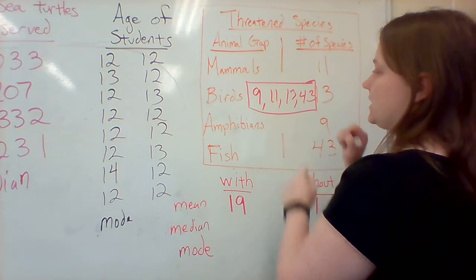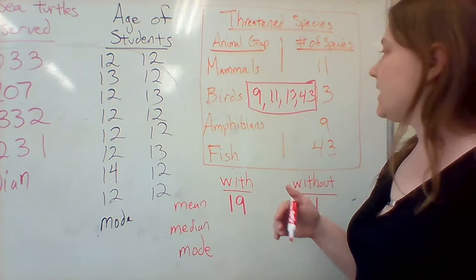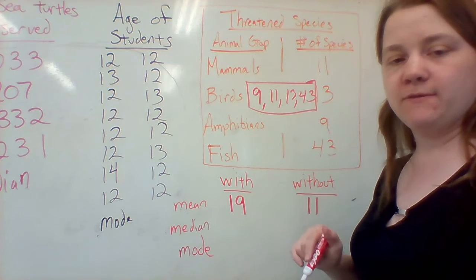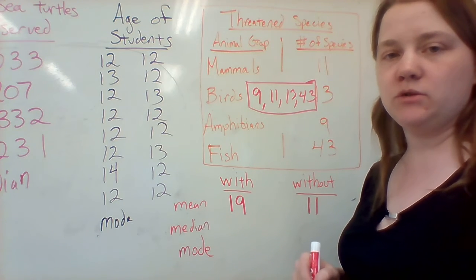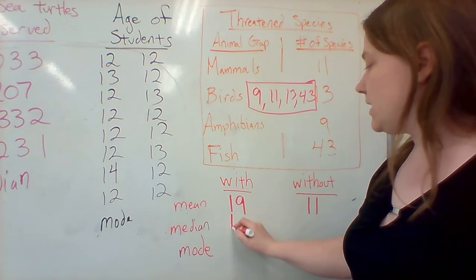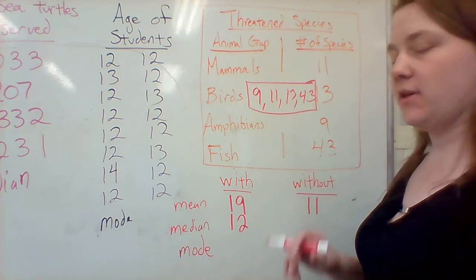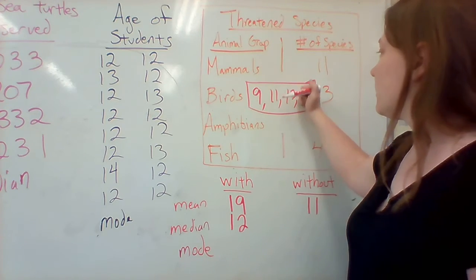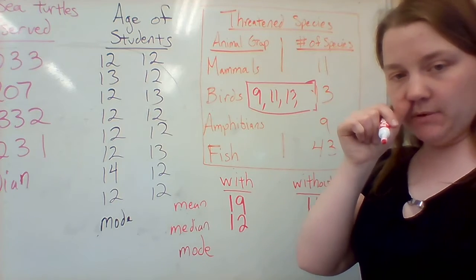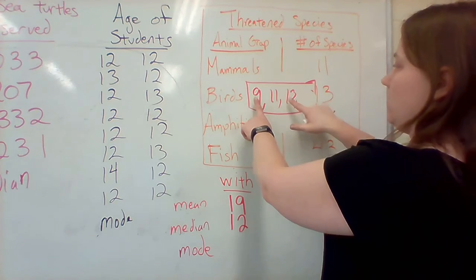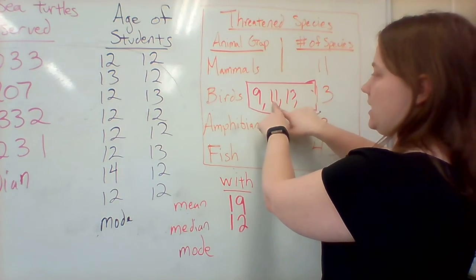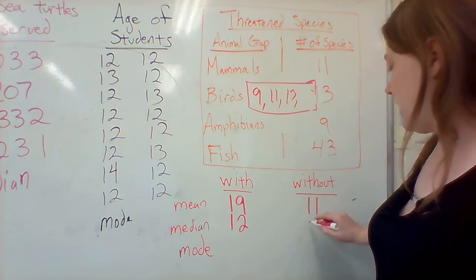We have two numbers, 11 and 13. Adding 11 plus 13 is going to be 24. 24 divided by 2 will be 12. So the median would be 12 with the outlier. If we erase the outlier from there and we try to find the median, we're going to start at the outsides, work our way in, and our median will be 11.